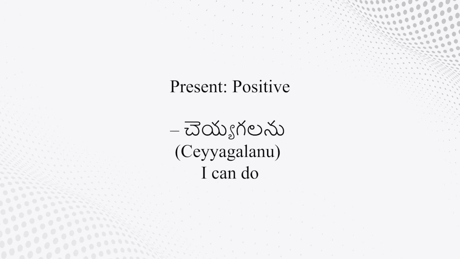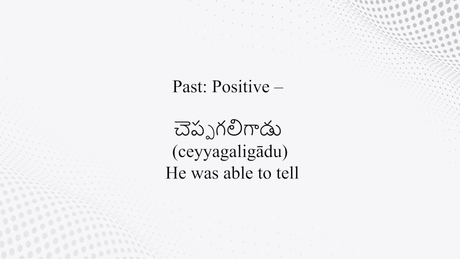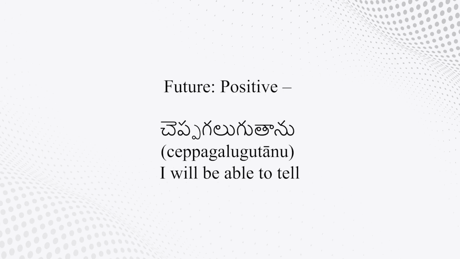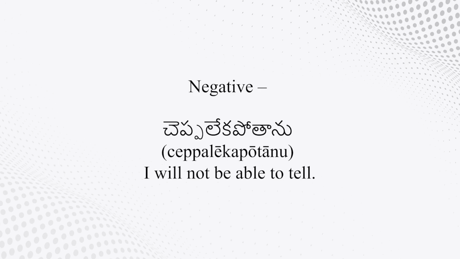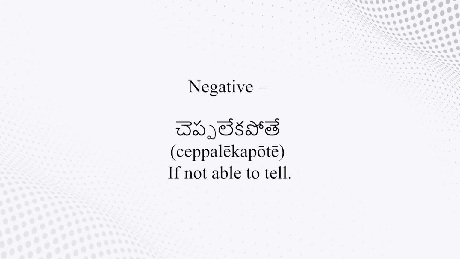In simple terms, Telugu abilitative forms can be summarized as: present positive, చెయ్యగలను, I can do; negative, చెయ్యలేను, I cannot do; past positive, చెప్పగలిగాడు, he was able to tell; negative, చెప్పలేకపోయాడు, he could not tell. Future positive, చెప్పగలుగుతాను, I will be able to tell; negative, చెప్పలేకపోతాను, I will not be able to tell. Conditional positive, చెప్పగలిగితే, if able to tell; negative, చెప్పలేకపోతే, if not able to tell.